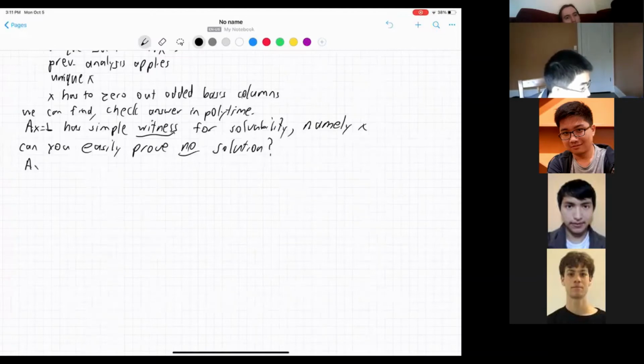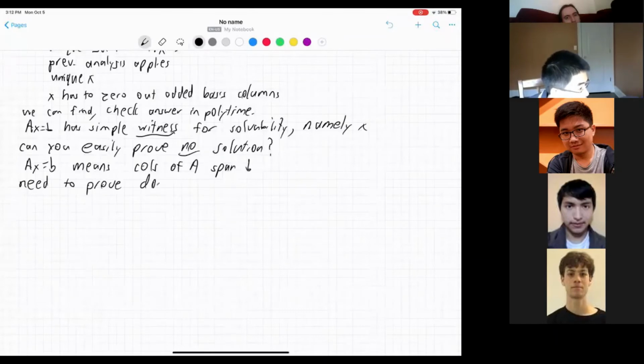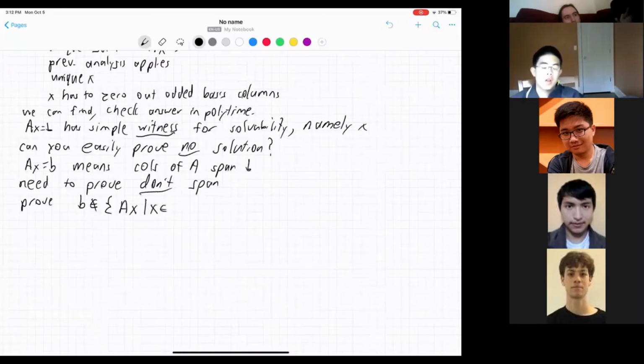So we're going to go back to the idea that if there is a solution, that means that the columns of A span this vector B. So we need to prove that this is not true, that the columns of A don't span the vector B. That is, we need to prove that B is not an element of the set of points AX over all possible X in my vector space.